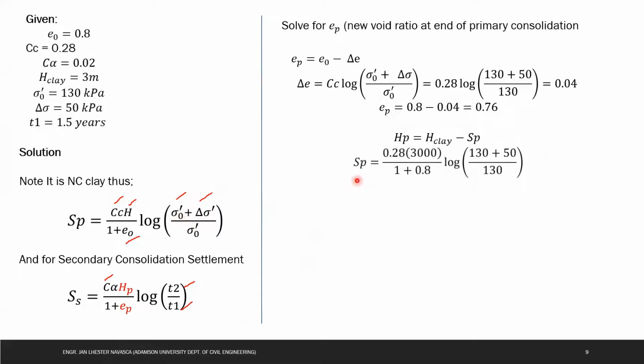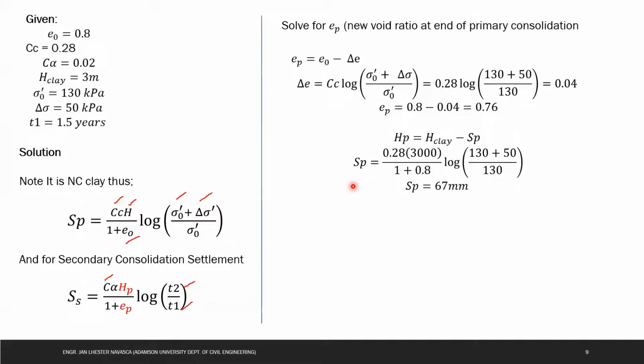Plug and chug: for the primary settlement, 0.28 multiplied by 3,000 millimeters over 1 plus the in situ void ratio, multiplied by the logarithm of delta sigma prime plus delta sigma O over sigma prime sub O. Plugging in all the values, we have a primary consolidation settlement of 67 millimeters.